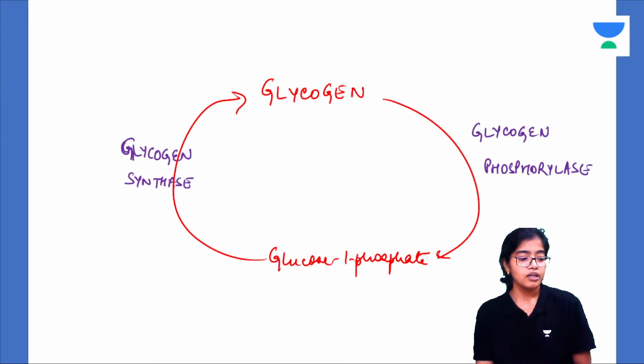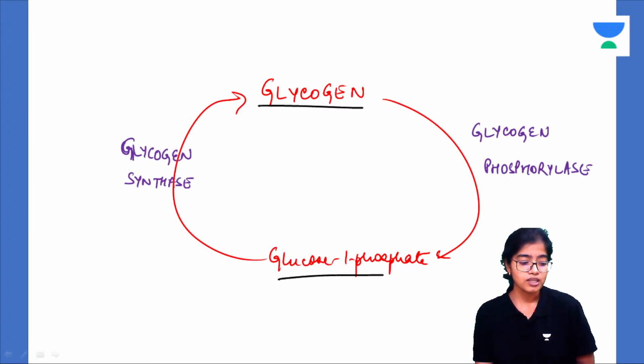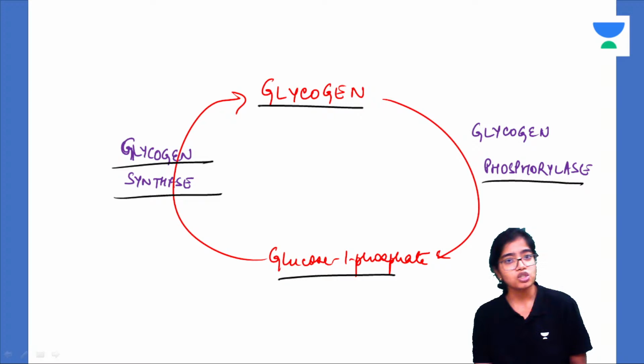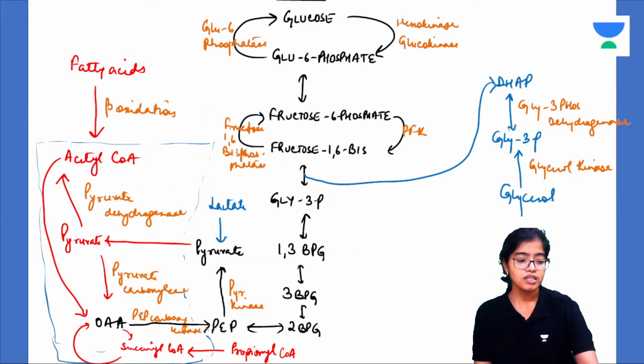Understood? Now the last step was how glycogen gets converted into glucose 1-phosphate through glycogen phosphorylase, and this glucose 1-phosphate can produce glycogen through glycogen synthase and branching enzyme utilizing UDP molecules, carrier molecules. Understood all these reactions?